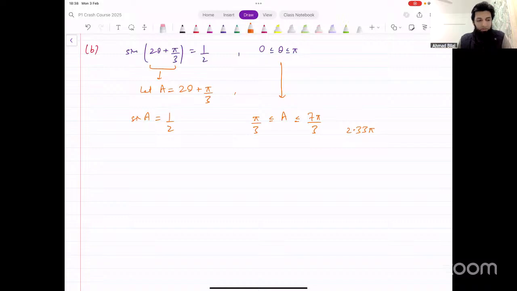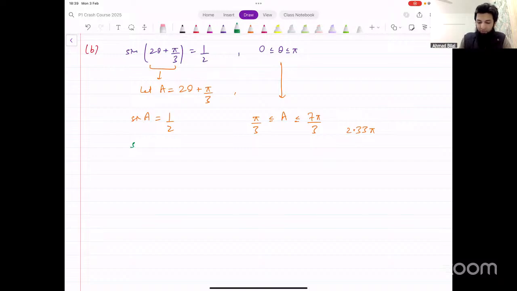So in case you can find an angle inside the interval by going beyond one full circle, you also have to consider that possibility because this is greater than 2 pi. Just keep that in mind.